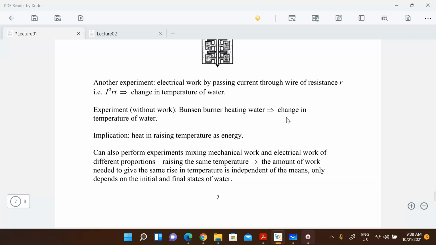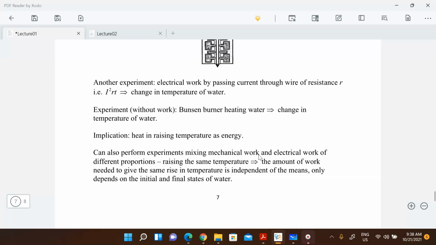But more than that, one could start thinking of raising the volume of water to a certain temperature by using different mixtures of experiments. So you can mix up your mechanical work and electrical work, and it doesn't matter how you mix it up. If you want it to raise to a certain temperature, you can do it whichever way.